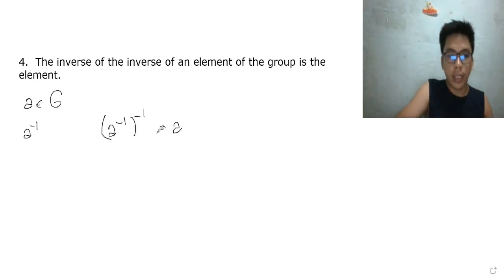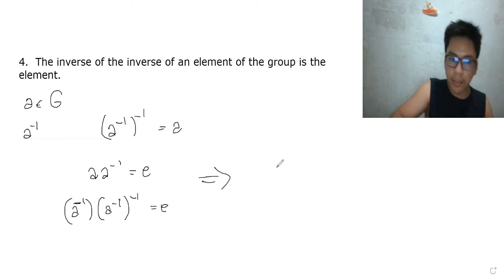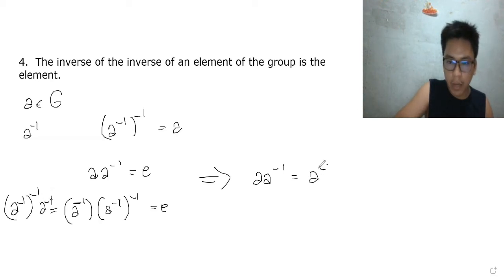Remember that I can write A inverse equals E. And also, this one here is also E. So this implies that A inverse is the same as, I can also write this as, A inverse inverse A inverse.